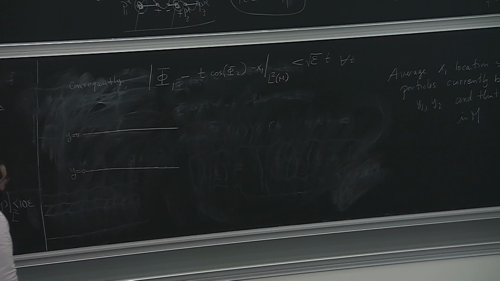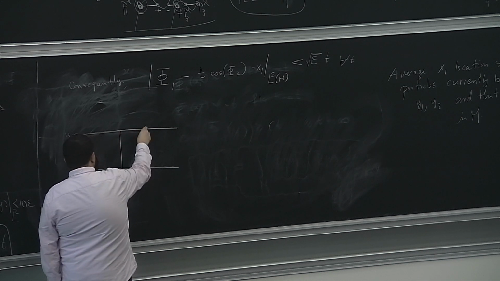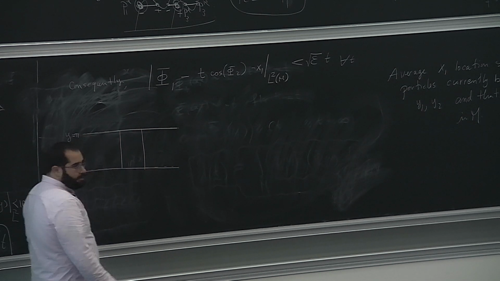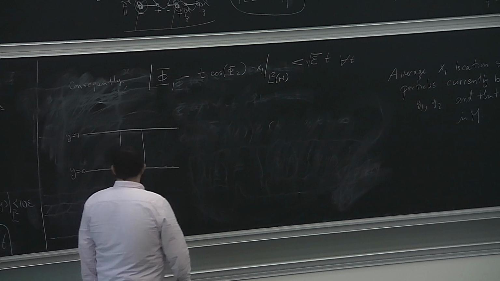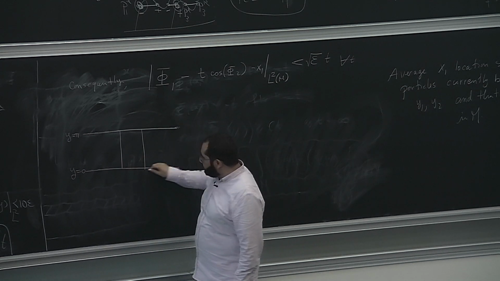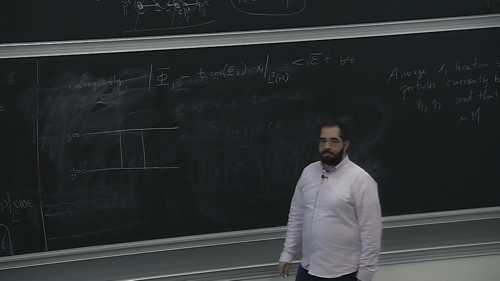So it would be nice if we could just connect these two with level sets that are different and then show that they separate like that. You can't do that because the vorticity is 0 here and it's 0 here. Does that make sense?